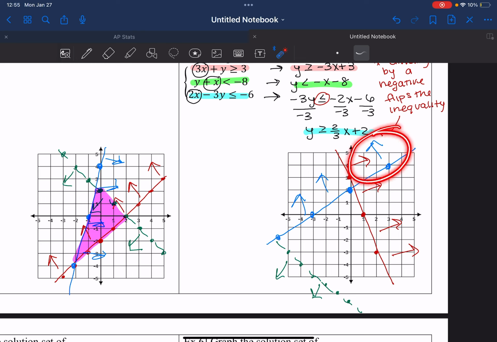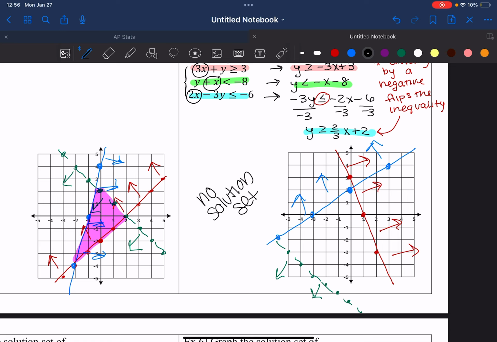Even though these ones cross at a particular area, these green ones are going in a completely opposite direction, which means this does not have a solution. There is no solution set because there's not an area where all 3 shaded regions are crossing.